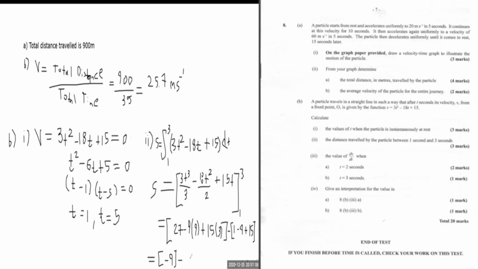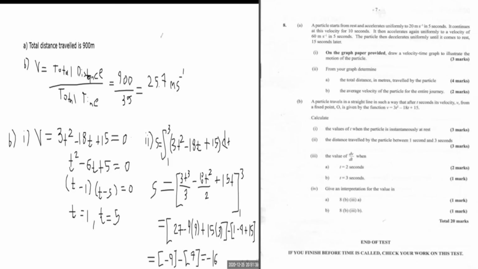Minus, 1 minus 9 plus 15: 1 minus 9 is negative 8, and negative 8 plus 15 is 7. And so minus 9 minus 7 is negative 16.